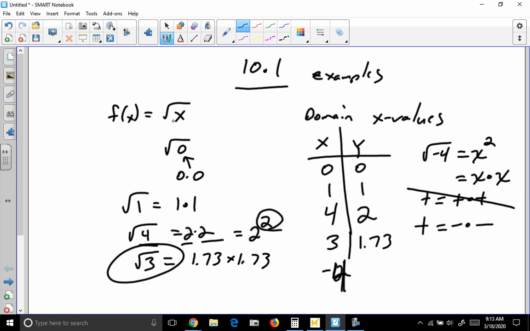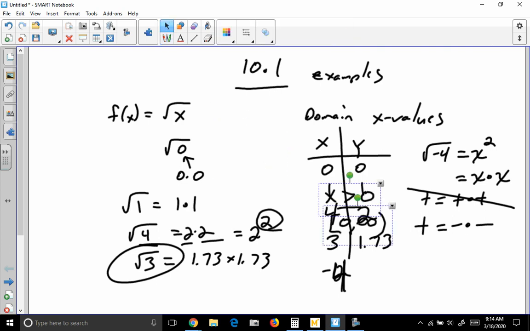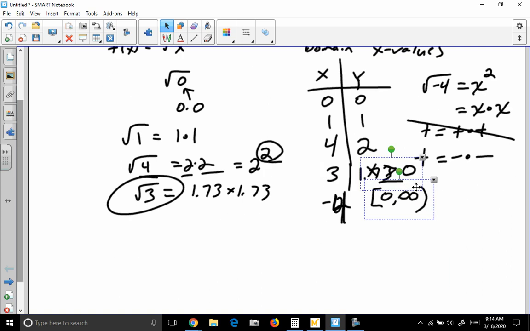So when we take the square root, we can only do numbers that are bigger than 0 or 0. So x is either bigger than 0 or it's equal to 0. As an interval, the domain starts at 0 and goes to positive infinity. We include 0 because it is okay to take the square root of 0, and we go to positive infinity. So that's our domain.